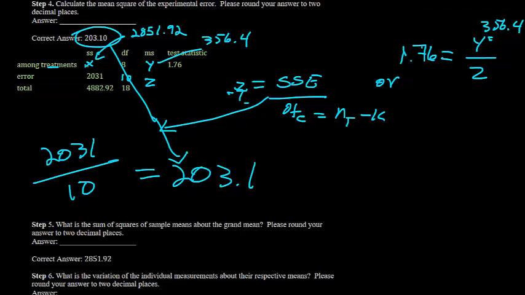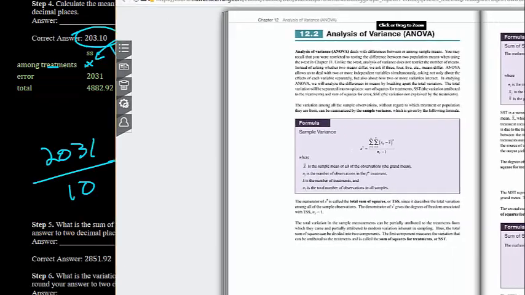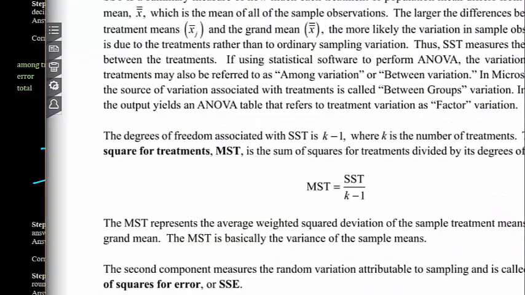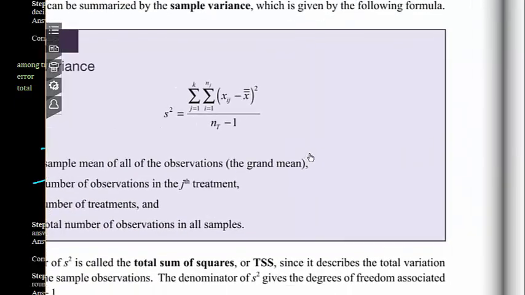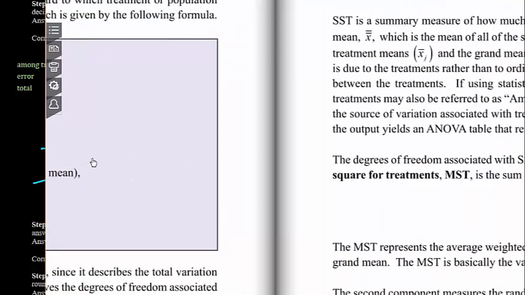Let me see if I can find it in the book real quick. In an analysis of variance, the sum of the squares of the sample means about the grand mean. So what this is asking is whether or not you understand that what we're doing is taking the sum of the squares and calculating above the grand means, okay?